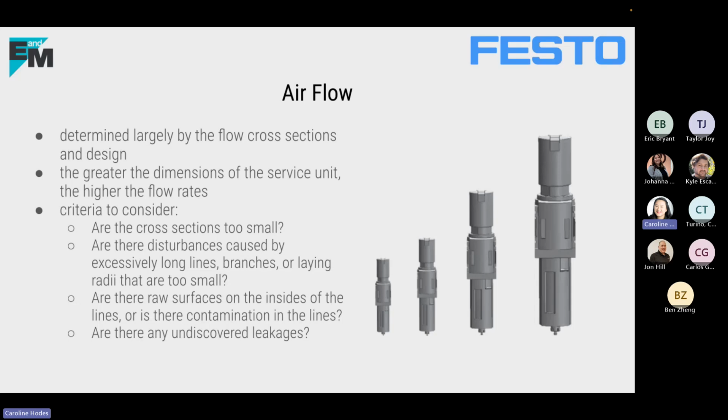Are there disturbances caused by long lines, branches, or laying radii that are too small? Are there any rough surfaces on the insides of those lines, or any contamination in there? And lastly, are there any undiscovered leakages?